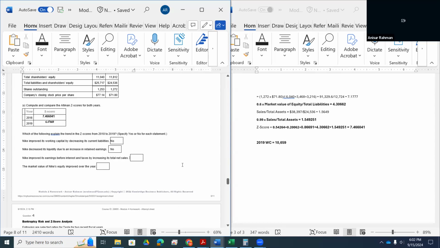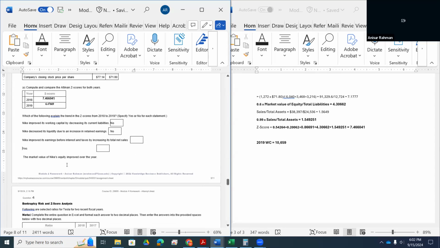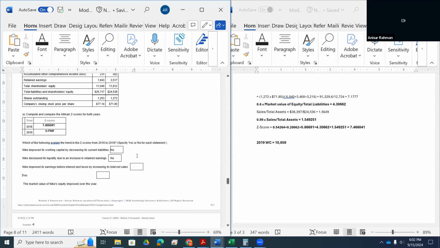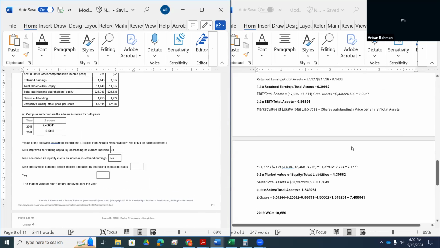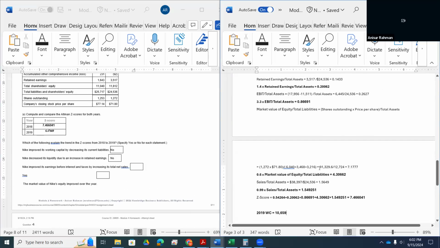So net sales increased, and Nike improved its earnings before interest and taxes. Okay. The market value of Nike's equity improved over the years. So in 2018, market value of equity was 91,000.